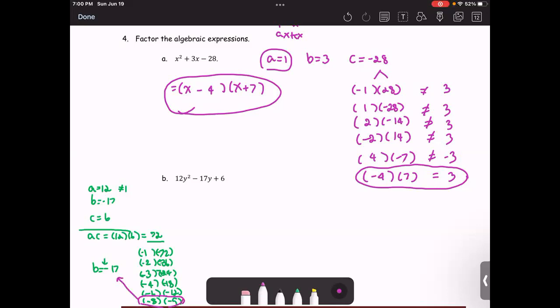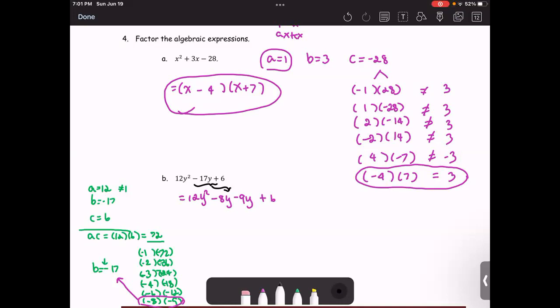So once we get the pair, we bring it back to the main part of the problem and rewrite the negative 17 as negative 8y minus 9y, and then plus 6, because negative 17 is from negative 8 minus 9.